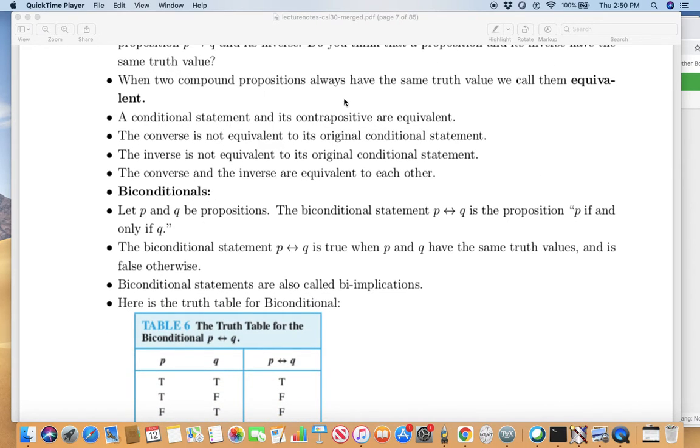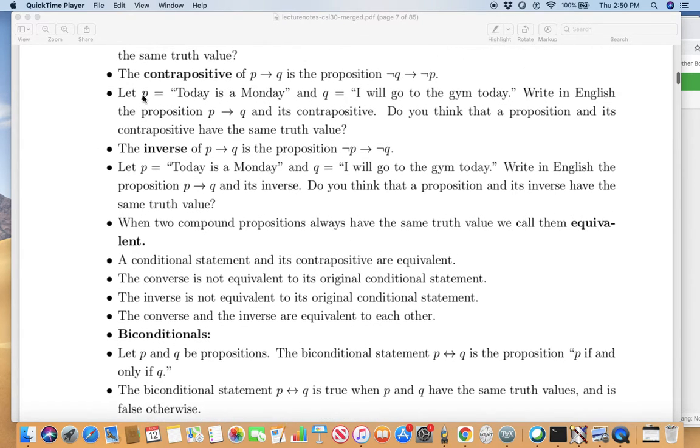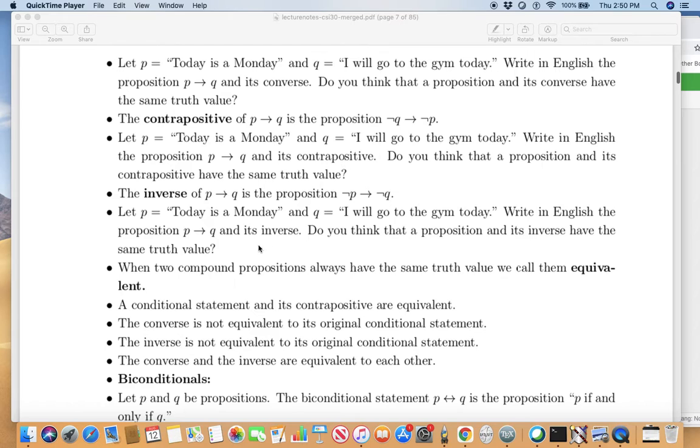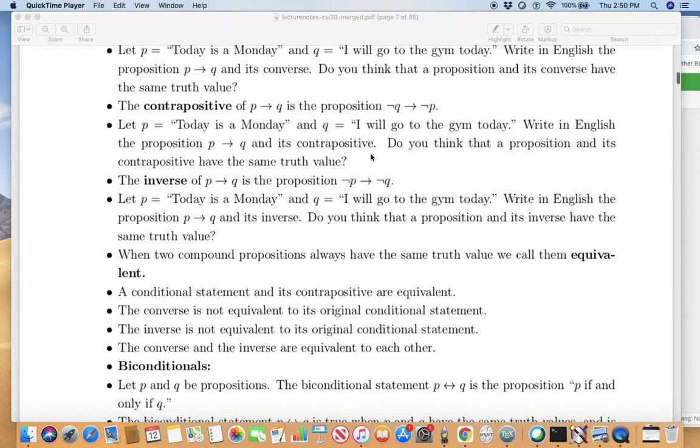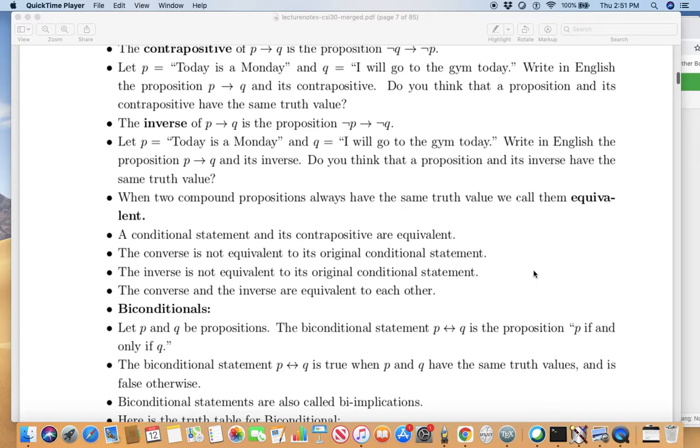When two compound propositions always have the same truth value, we call them equivalent. So far you have seen a few compound propositions. Well, that's a compound proposition. That's a compound proposition. When two compound propositions always have the same truth value, we call them equivalent.